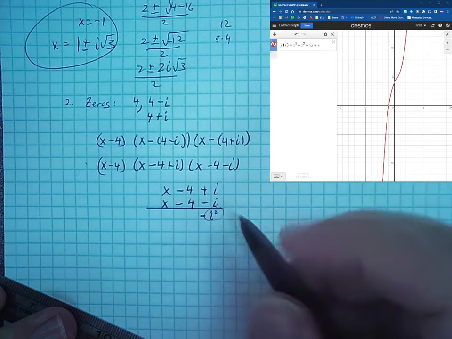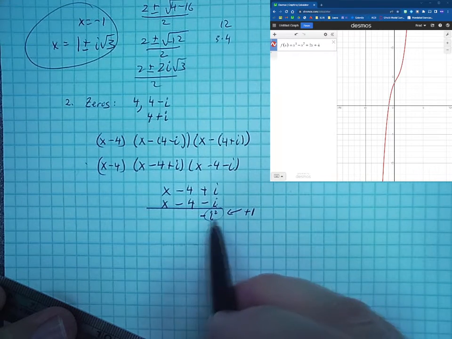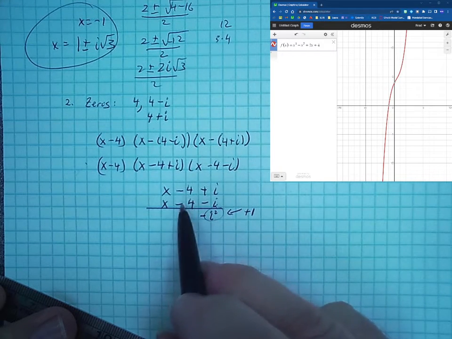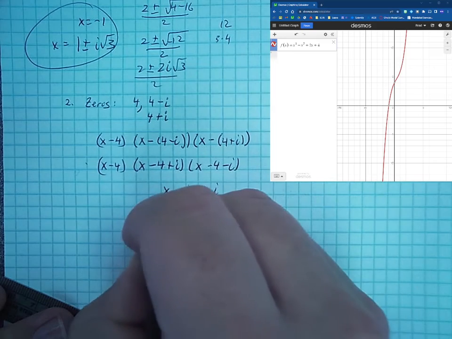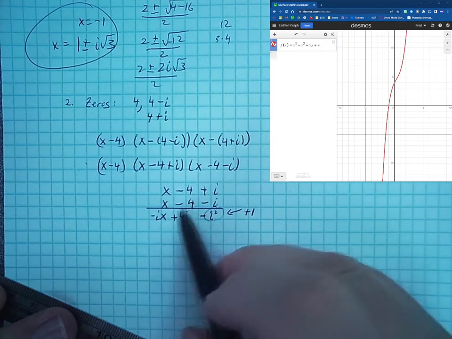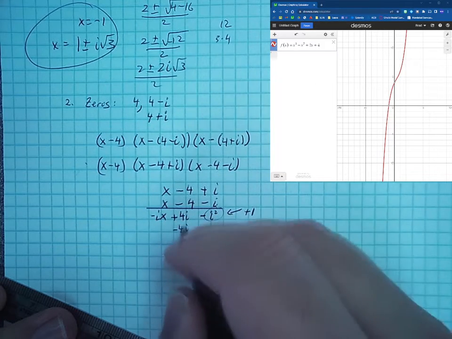But remember, i squared is negative 1, so negative i squared is positive 1. Negative i times negative 4 is positive 4i. Negative i times x is negative ix. Those are the ones I'm expecting to cancel. Negative 4 times i makes negative 4i. See, those are going to cancel.